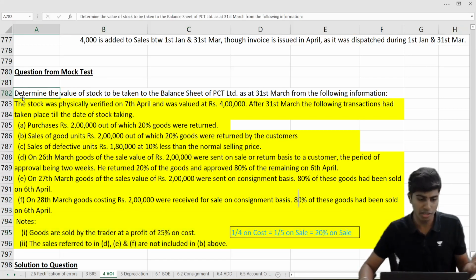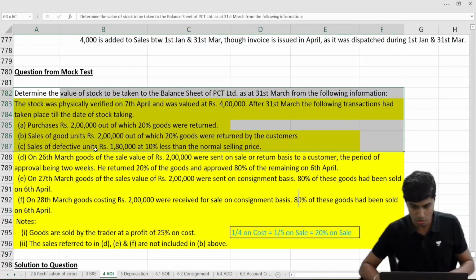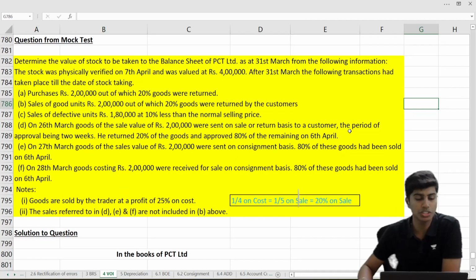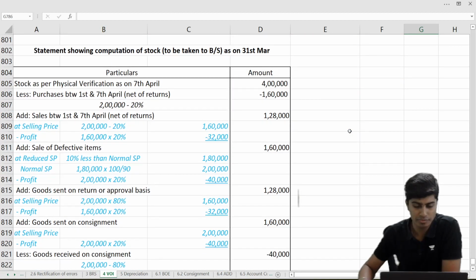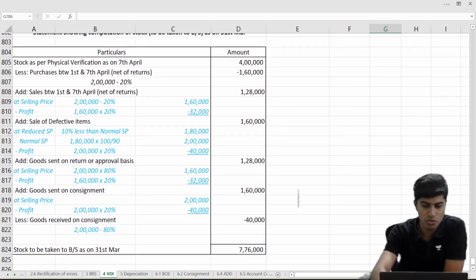You can find me on any profile that you are on. Just search for CA Rajavardhan or accounts man and you'll find me. So this is the question that we just solved. And there we go. This is the answer. Thanks for asking me to solve this question.